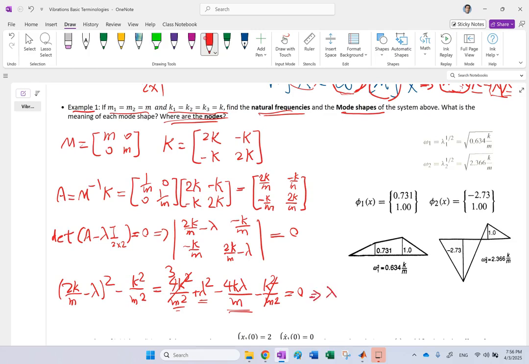So if you solve for the 2 roots, lambda 1 and 2, they are going to be negative b, which is the negative of this linear term, so it's going to be 4K over M, and then plus and minus the square root of b squared, which is again this 4K over M, the whole thing squared, minus 4 times a times c. A here is 1, c is that 3, so 4 times 3 is 12.